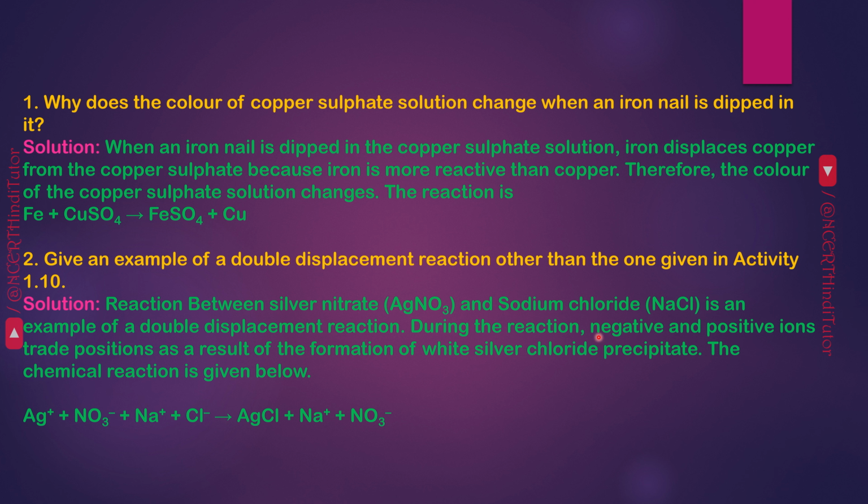During the reaction, negative and positive ions trade positions as a result of the formation of white silver chloride precipitate. The chemical reaction is given below. Ag+ plus NO3- plus Na+ plus Cl- gives AgCl plus Na+ plus NO3-.